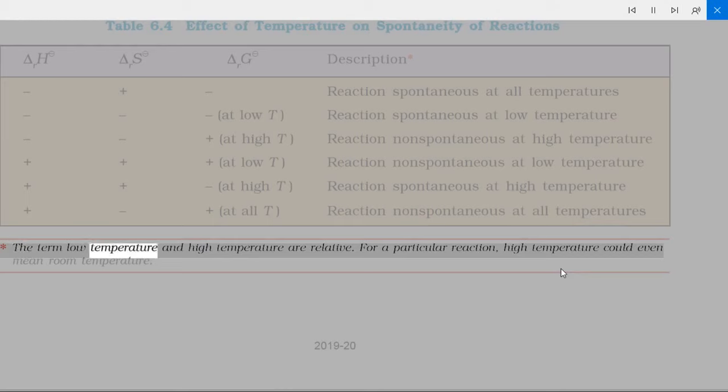The terms low temperature and high temperature are relative. For a particular reaction, high temperature could even mean room temperature.